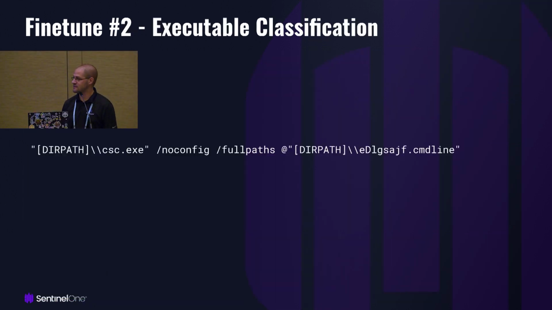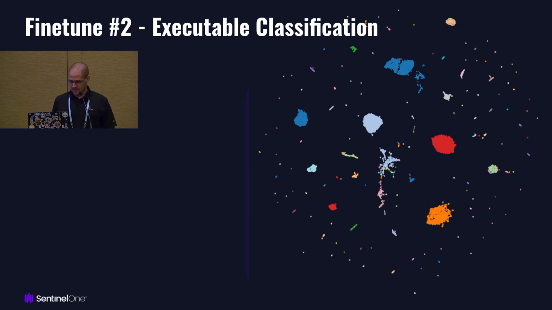The second one that we wanted to talk about was executable classification. What we did is take our millions of command lines and split them by arguments and executable. And we fine-tuned the model to, given a set of arguments, tell me which executable it is. So here's another piece of art on the right side.